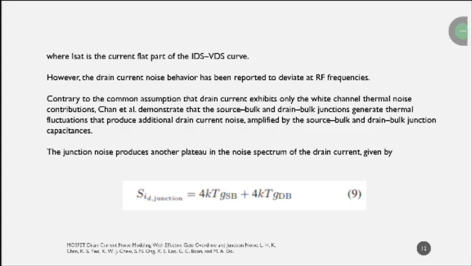I saturation is already known to you, which is a constant current after the saturation region.